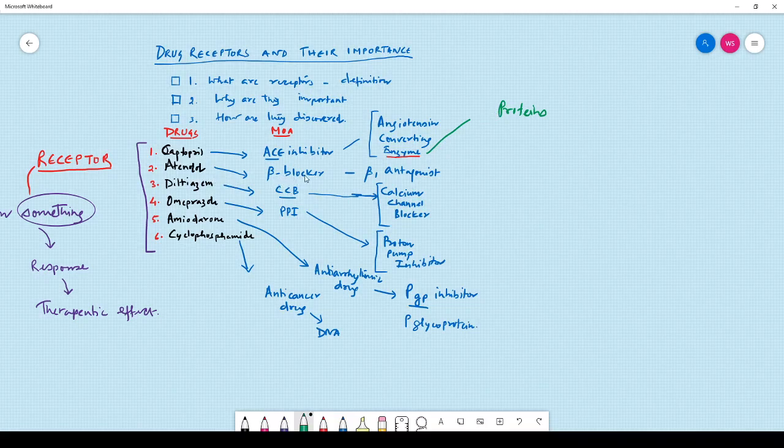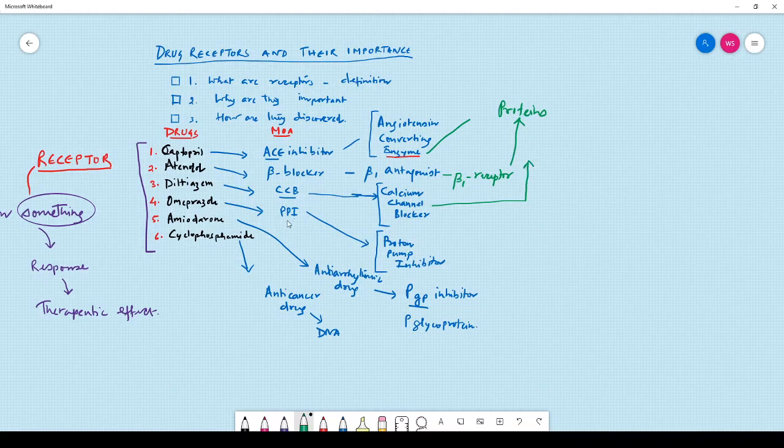Atenolol is a beta blocker. It acts on the beta receptor. So what is this beta receptor? The beta 1 receptor. It is again a protein. Diltiazem acts on the calcium channel blocker. What is this calcium channel blocker? It is again a protein.